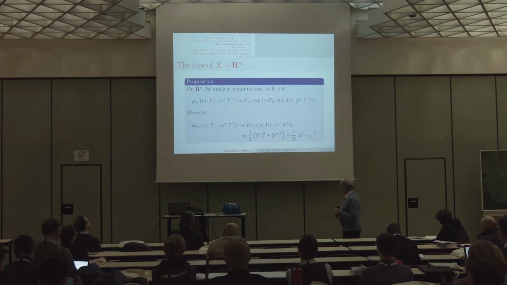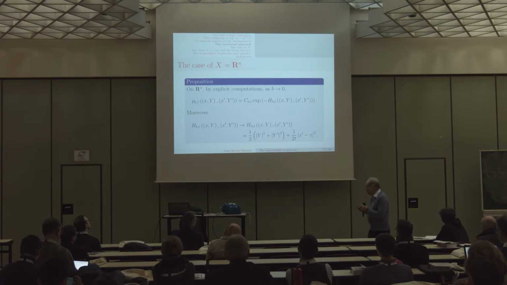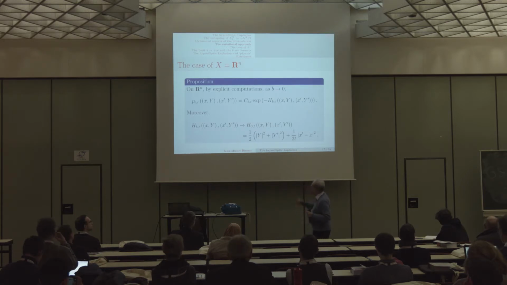And also what you find is that the minimum of the action when b tends to 0, in spite of the fact that the action itself deforms the original energy, does not converge to the classical minimum of the energy on the base, which is x prime minus x squared divided by 2t, but there is an extra term, 1/2 of norm of y squared plus y prime squared.